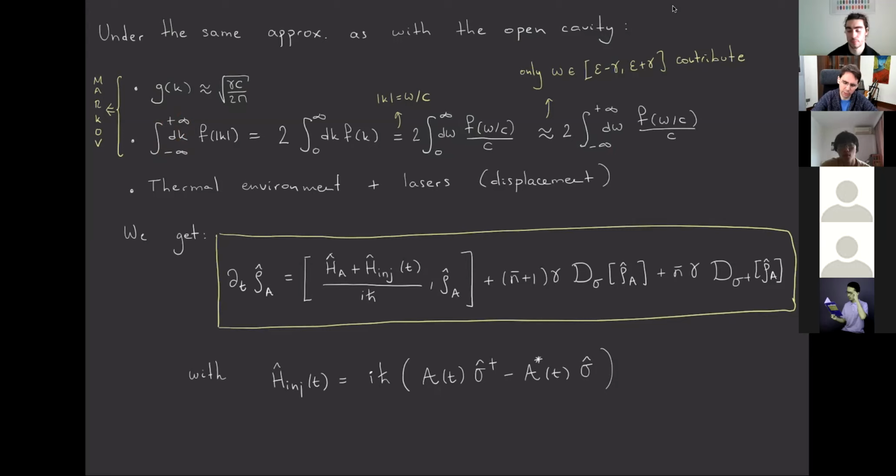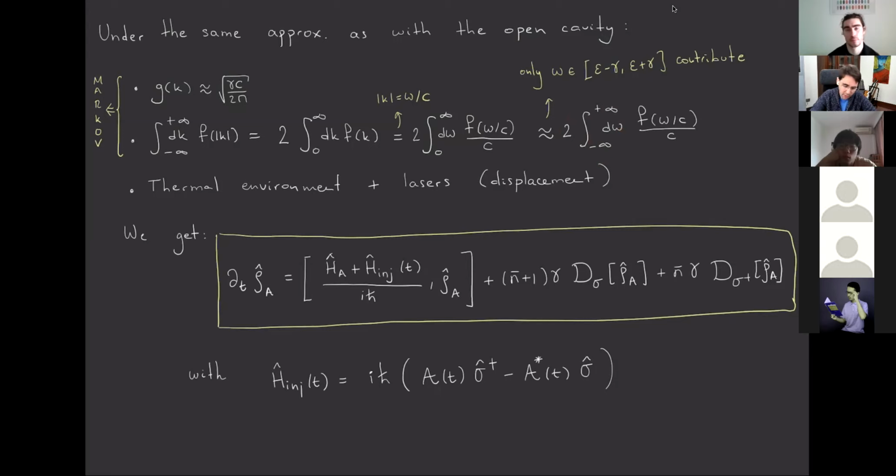However, we will also use today that whenever you have a kernel that is symmetric under exchange of the sign of k, so it depends only on the absolute value of k, then these integrations over wave vectors can be written as 2 times integrations over frequencies, or positive wave vectors. And at the end, we can rewrite everything as 2 times integrations over frequencies extended to minus infinity.